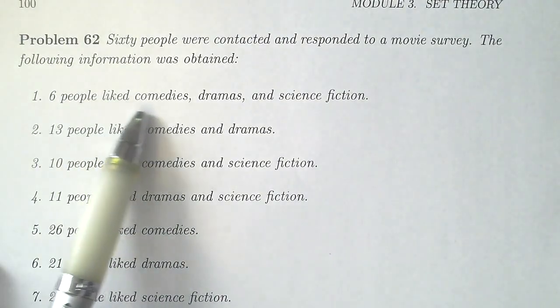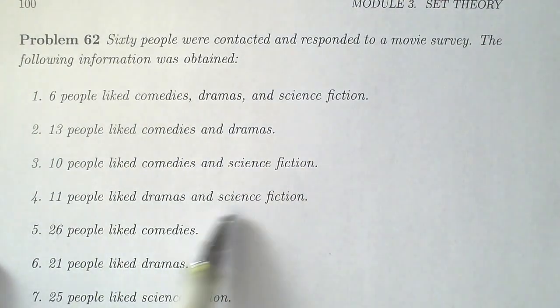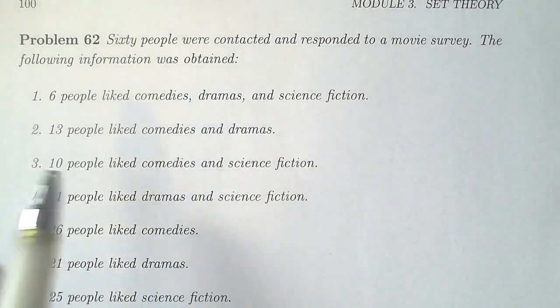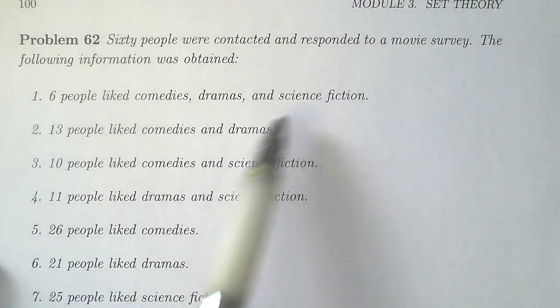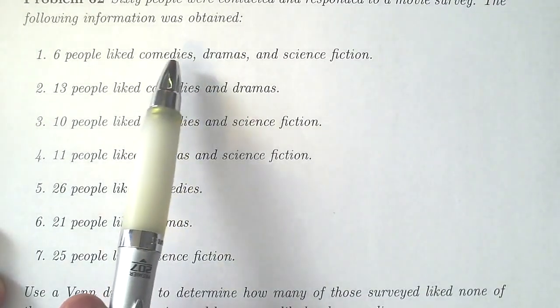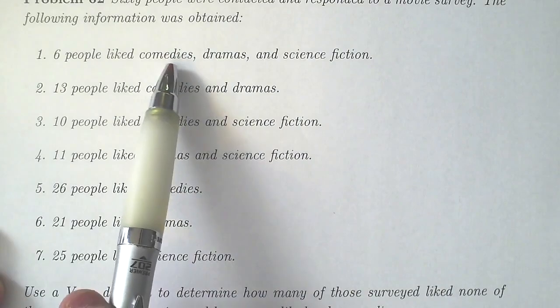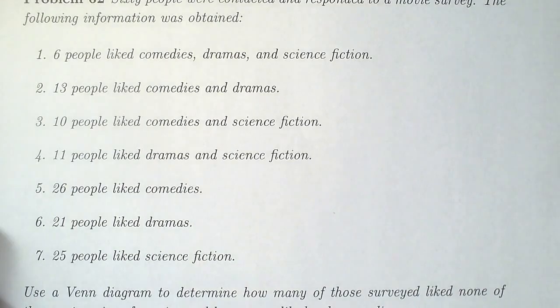All right, 6 people liked comedies, dramas, and science fiction. Comedies and dramas. So I think my categories are sort of clear. I think these are going to be 3 categories. And if we look at everything here, yeah, it's just mentioning those 3 over and over. Comedies, dramas, science fiction. It started a picture for us.